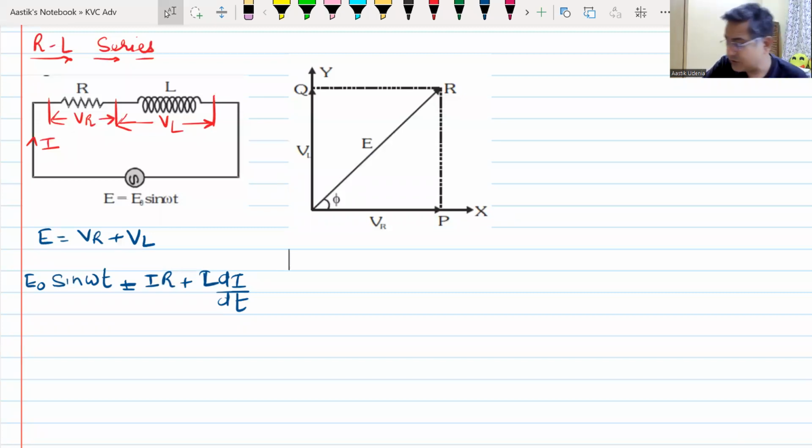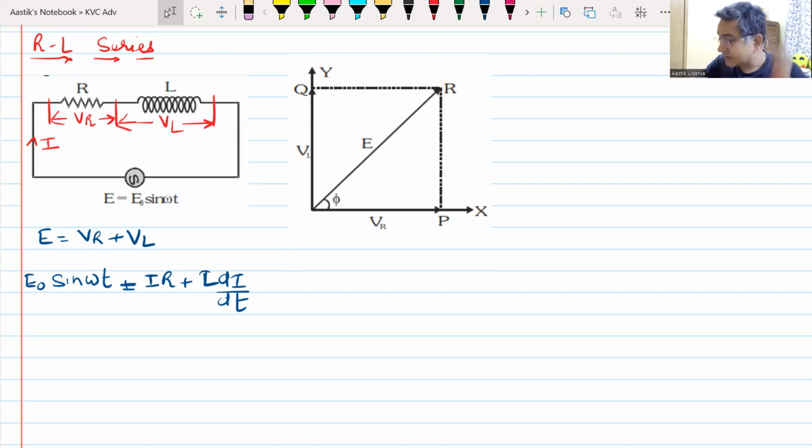So what I'm going to do is I'm going to solve it by the concept of phasor diagram. Now this is a series circuit. If it is a series circuit, one thing will be same across both the elements of the circuit, across the resistor and inductor. What is same?